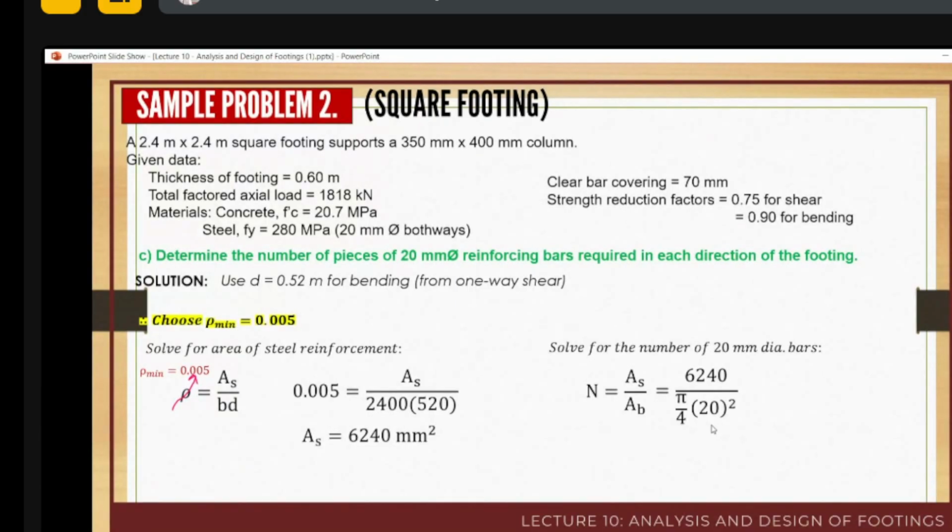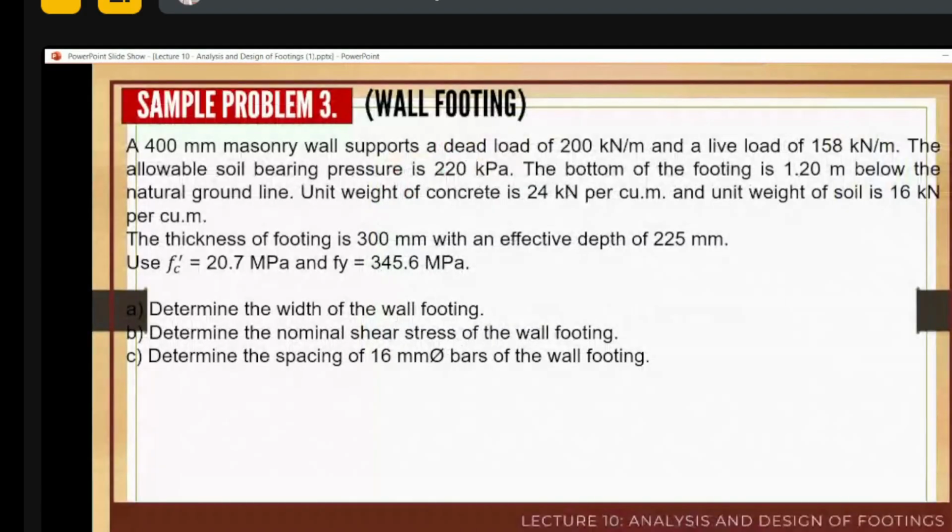No? So ang diameter is 20, therefore, pila ka number of bars? So 19.86 pieces, or that's simply 20 pieces. So pagkuha na po din sa spacing, no? So natin 9 at 20 ka main reinforcement.